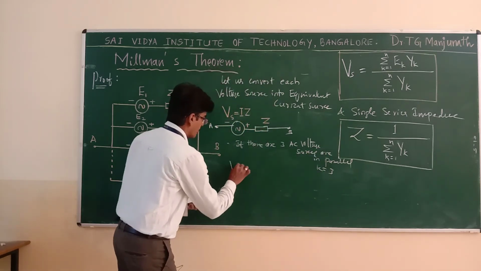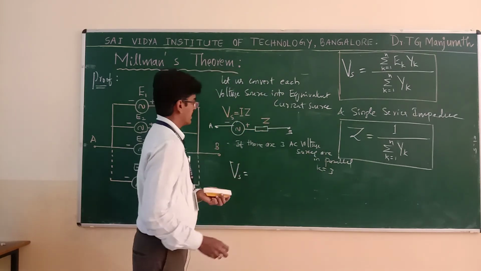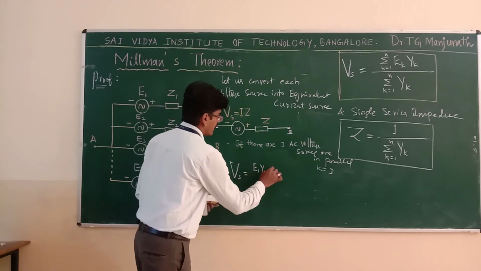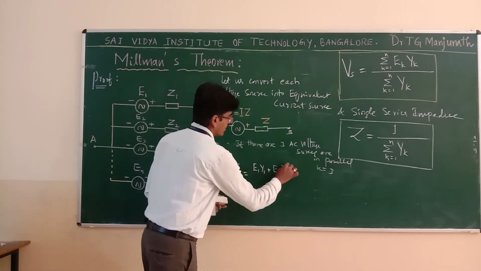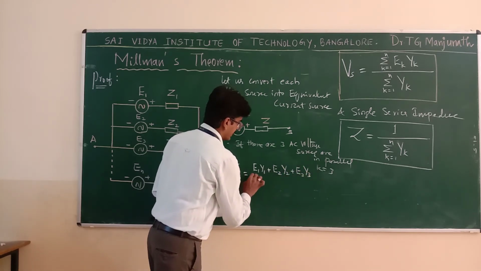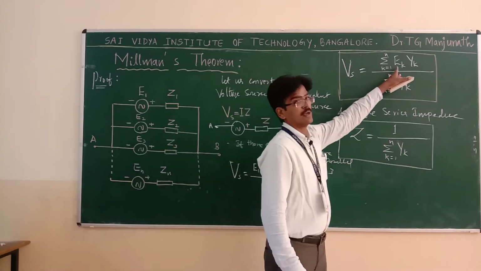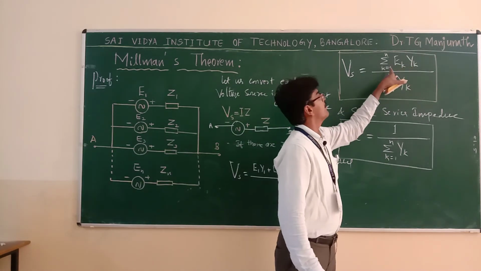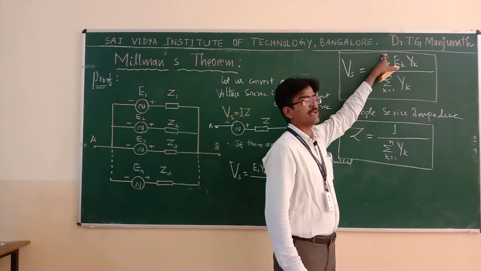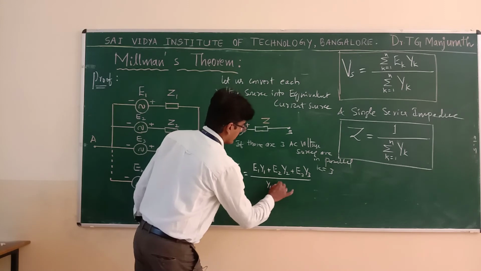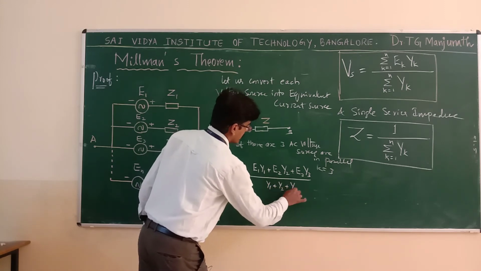Then the single voltage source Vs can be written as E1 Y1 plus E2 Y2 plus E3 Y3, because K varies from 1 to 3 here, divided by Y1 plus Y2 plus Y3.